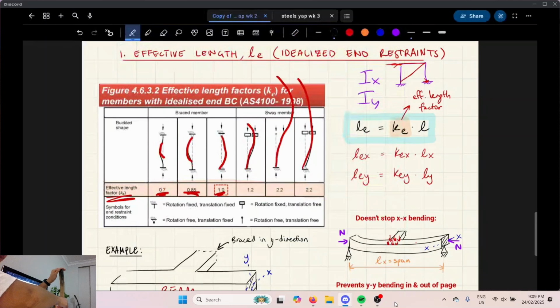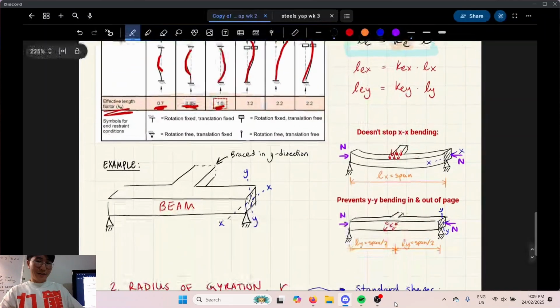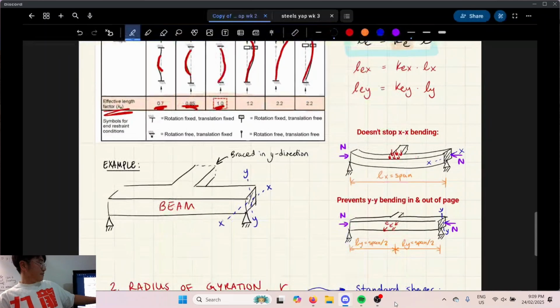Yes. So that is what you have to think about in terms of LEX and LEY. I'm drawing it here. So say you have that beam and you have your XX bending along the major axis and your YY along the minor axis. It's braced in the Y direction here. Because think about how this is going to deform if it's bent sideways.